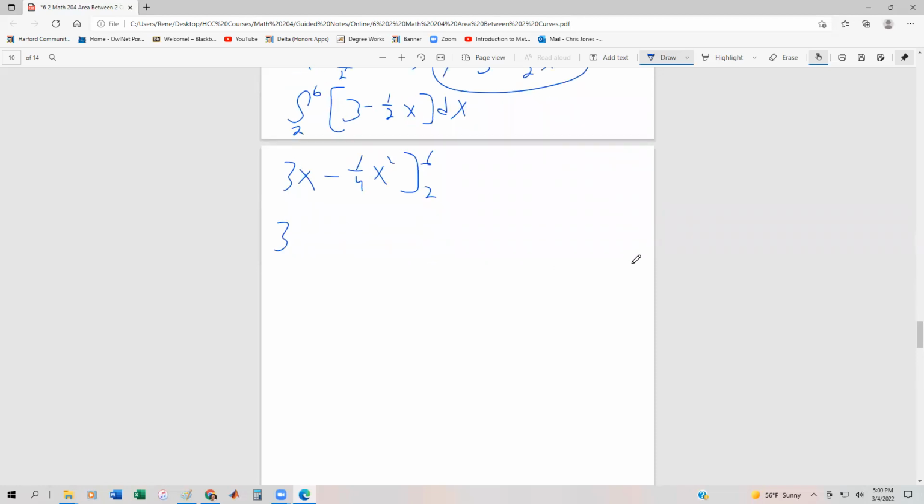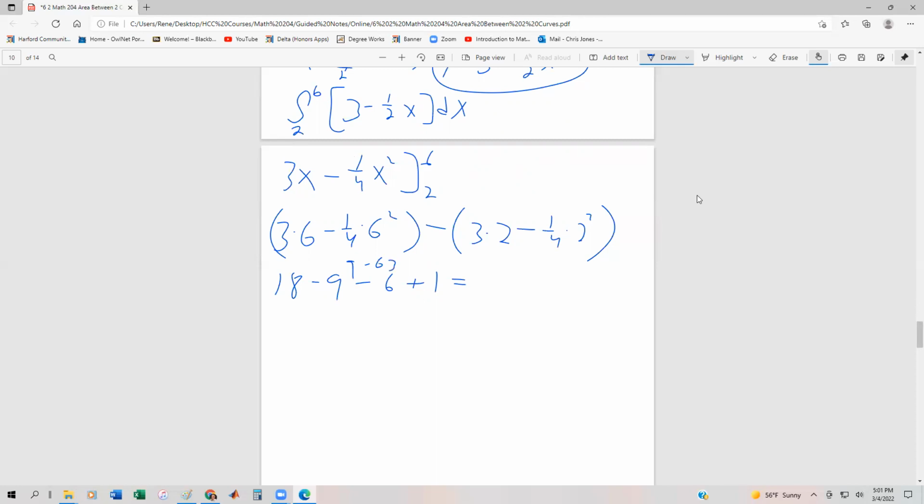Substituting 6, we get 3 times 6 minus 1/4 of 6 squared, minus 3 times 2 minus 1/4 of 2 squared. All right, and you can see this turns into something fairly nice. So we get 18 minus 9, so this will be 36/4, minus 6 plus 1, right? Ultimately, I believe that this is going to turn into 5, because this will be 9.